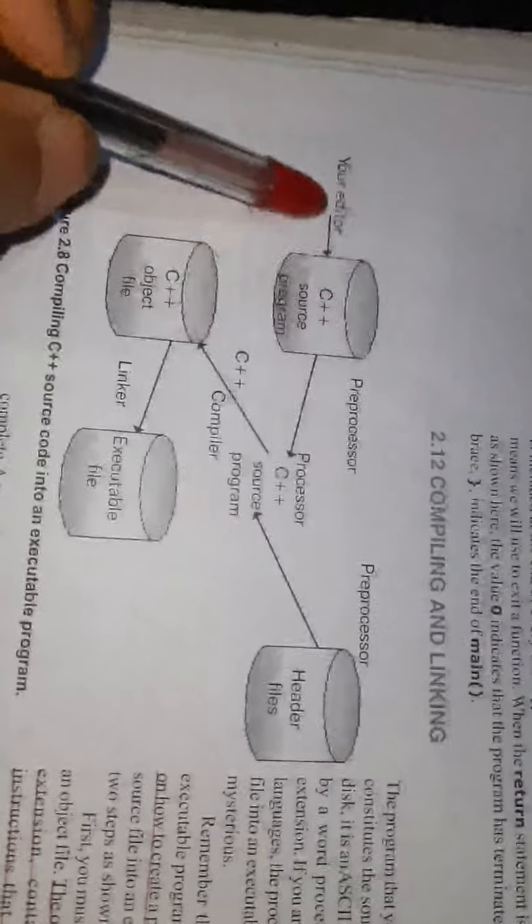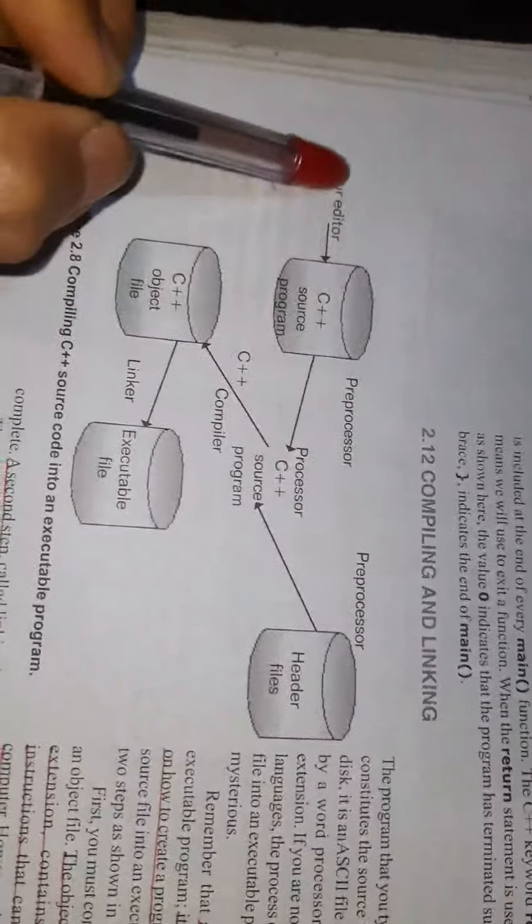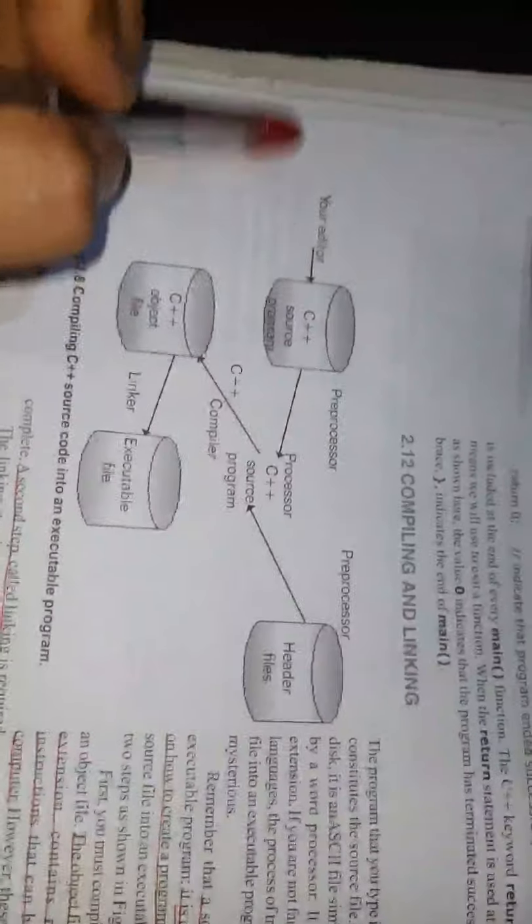So what I've explained is in this portion, okay, about the compiler and linker. You just go through this paragraph, okay. If you can see in this particular diagram also, this is your text editor, and in your text editor, that is the console window.